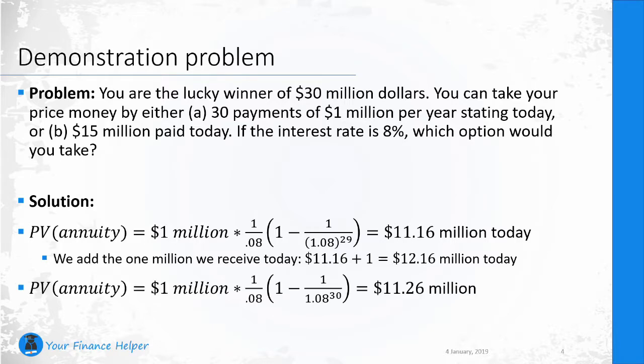You can also choose to calculate this another way, by using our second formula that was shown to us. You simply plug in the same amount. This will give us $11.26 million. Here we just take the 30 periods and then we calculate the future value for this.